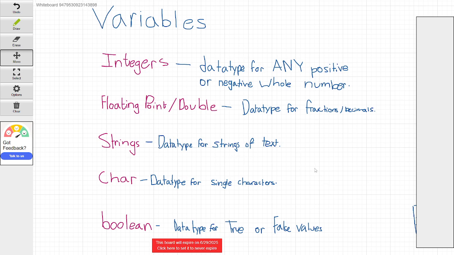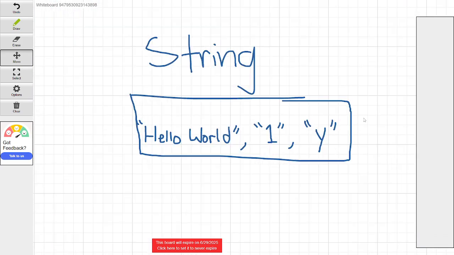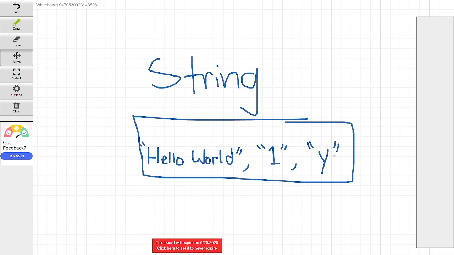Strings are a data type for a string of text. I have included a couple tricky examples here. First of all, we have hello world. This is a very common string that people use when they start programming. It has a few letters in it that combine into a word, but it can be anything inside.